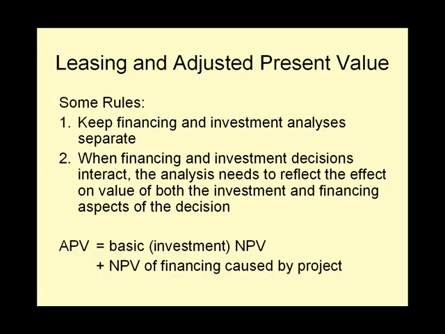That is, the analysis must calculate an adjusted present value, which is equal to the sum of the basic or investment net present value and the net present value of the financing caused by the project.